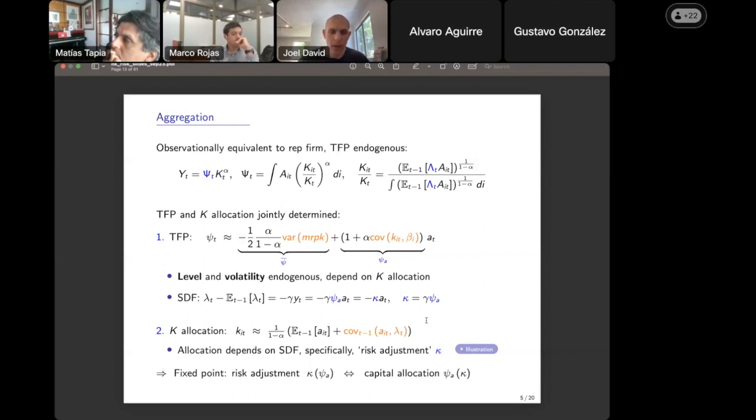Kappa determines the dynamics of the discount factor, and that determines in part the microallocation. We can see this clearly in the fixed point: by definition, kappa depends on the microallocation through psi A, but in reverse, the microallocation through psi A depends on kappa.